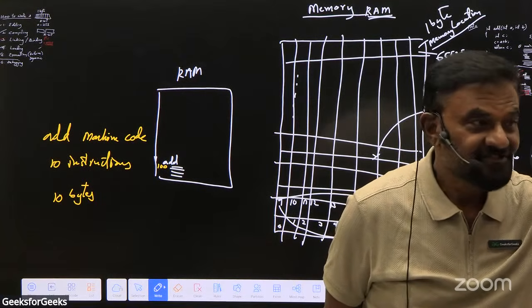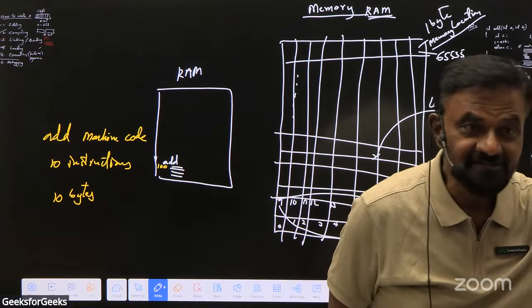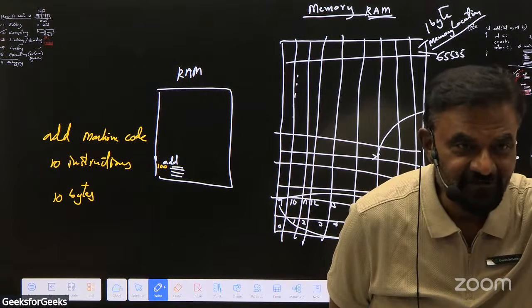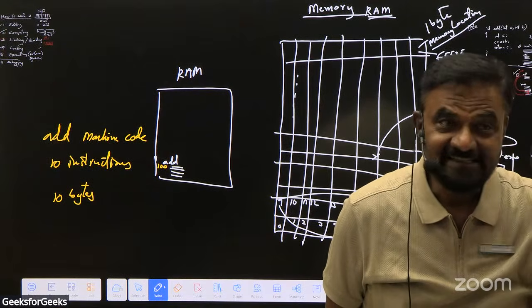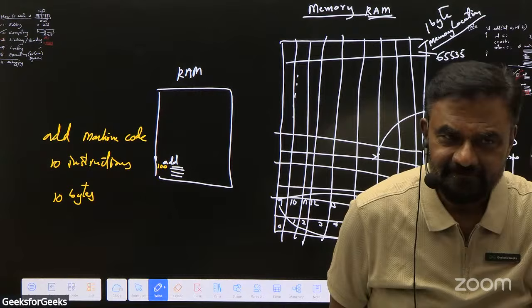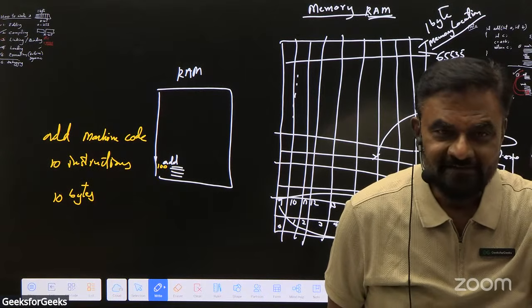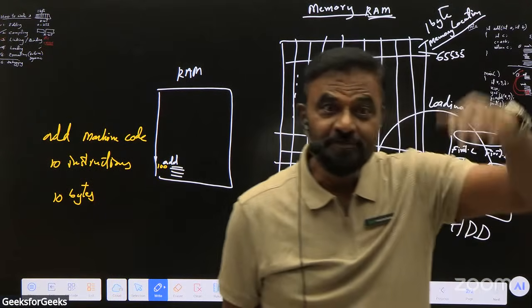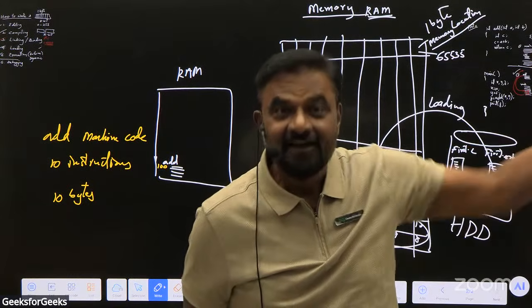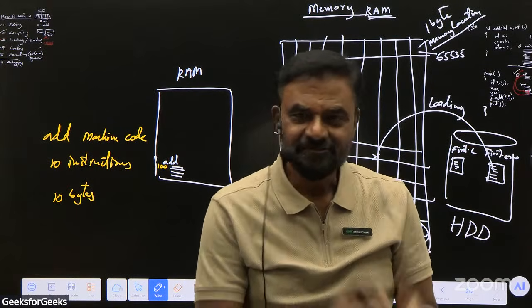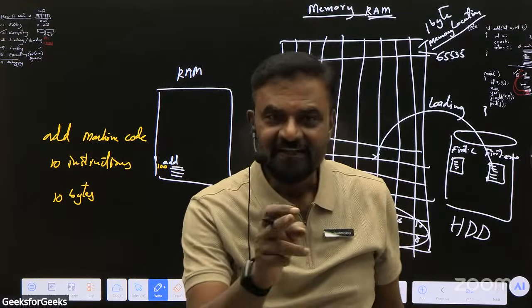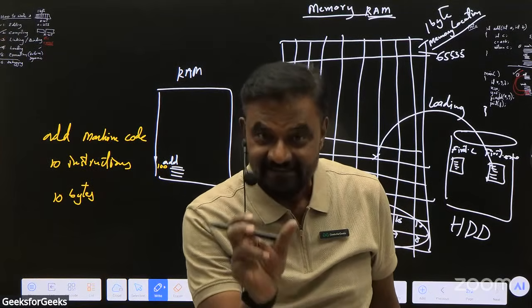Instruction size is 16-bit, instruction size is 32-bit. A 16-bit processor takes 2 bytes per instruction. A 32-bit processor takes 4 bytes per instruction. So its instruction set is bigger.